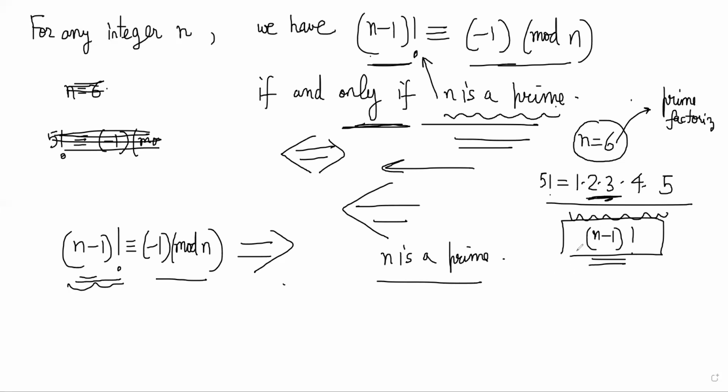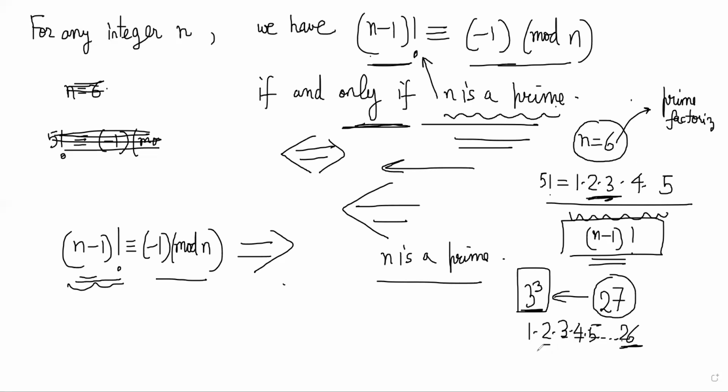The situation is slightly different for numbers like 27, where 3 cubed is the prime factorization, but in 1 to 26 there will be enough number of times that 3 will come. You understand what is happening? The prime factors are already going to come many times before.